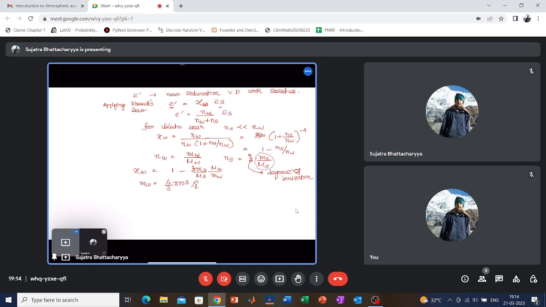So chi W therefore will be 1 minus i MS by capital MS into 3 by 4 times MW divided by pi r cube rho L. So chi W can be written as 1 minus B by r cube. And what is this chi W? E dash by ES. Right? Therefore this is the solute effect expression.